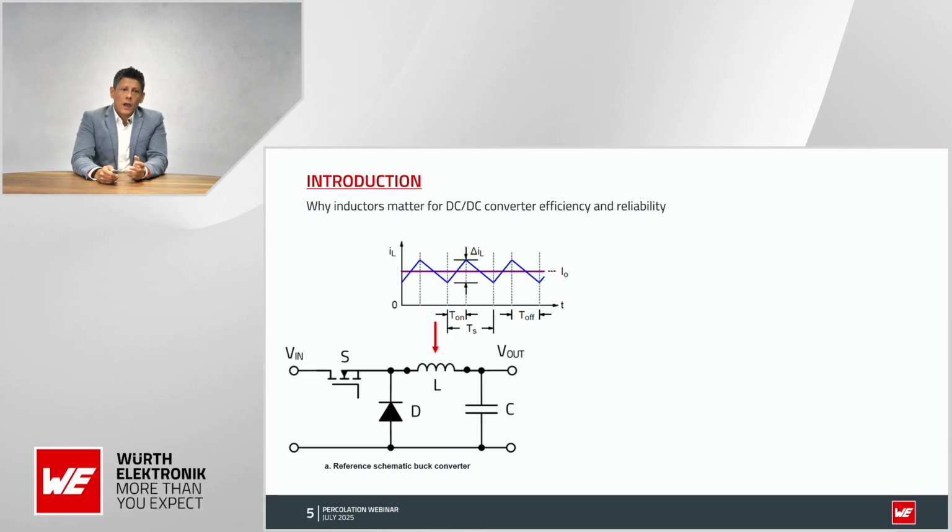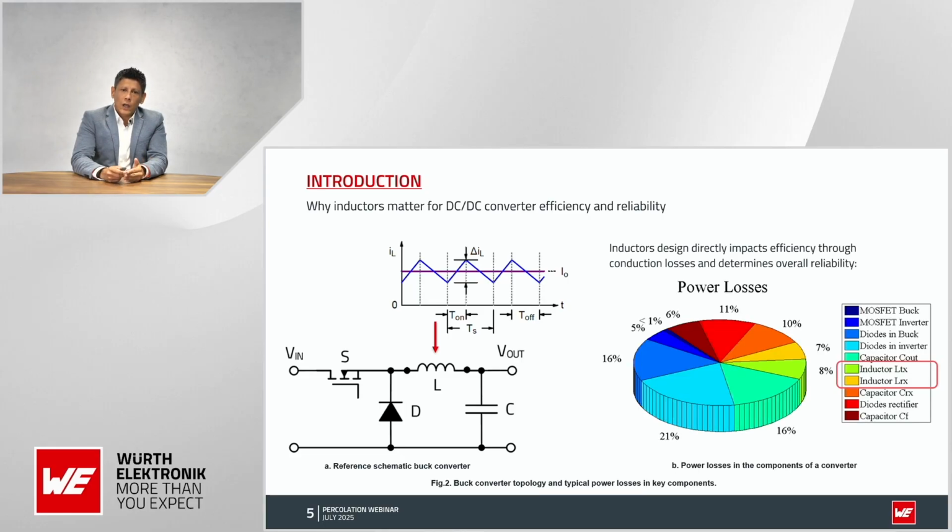Normally we have the losses already fixed, or we actually said that the inductor does not have a big role in the losses and the reliability over time. Why? Once you fix the design, we expect that the losses, as we can see in this picture, are no higher than 15%. It could be a little higher, a little lower; it depends on which kind of inductor you are using and the design itself.